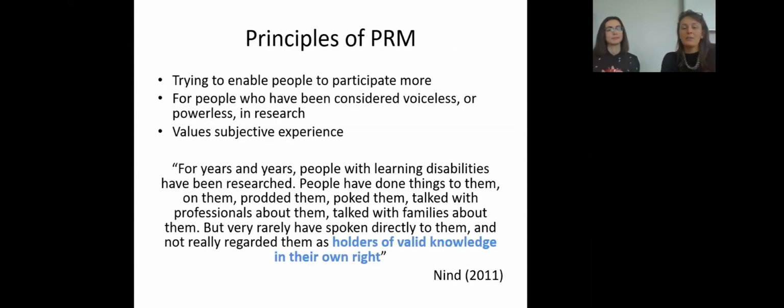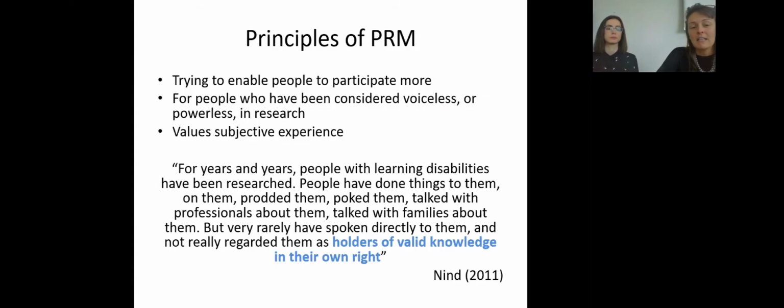So just to talk you through some of the principles of participatory research methods, at the very heart, participatory research methods are trying to enable people to participate more in research rather than researchers simply extracting data from them. And this is really important to consider when thinking about participatory research methods.